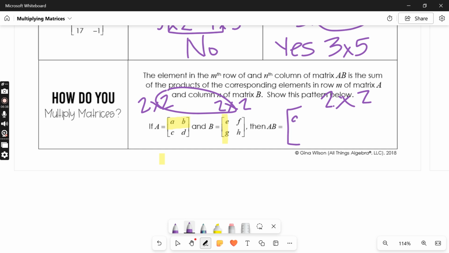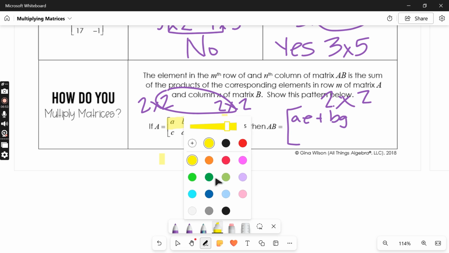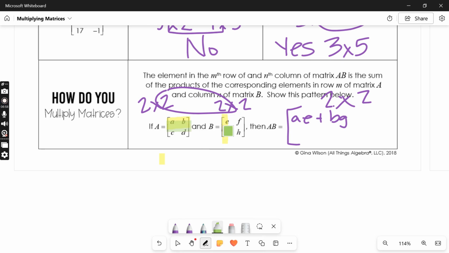So this is going to be AE plus BG. Okay. And then I'm going to do that row again, but now I'm going to do it times this next column.